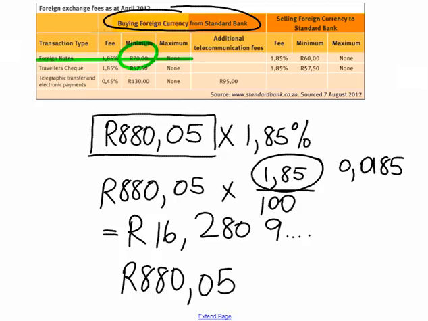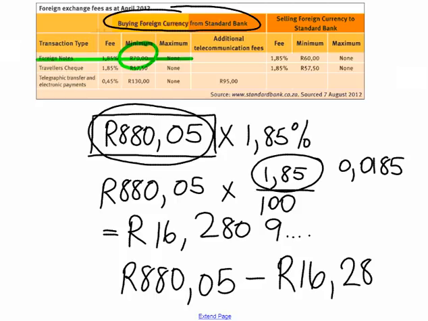Okay, you have returned from Mozambique and you've got 3,220 meticals. You exchange it for rands and they tell you that you can get 880.05. Right, so I'm going to minus the fee, which was 1628.